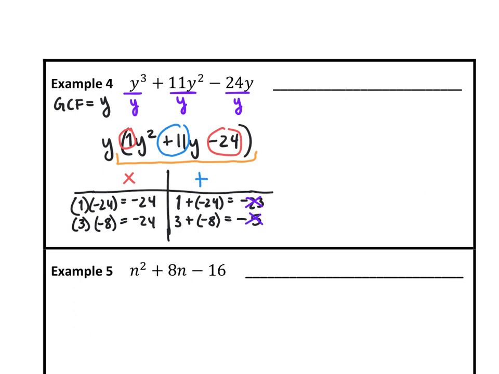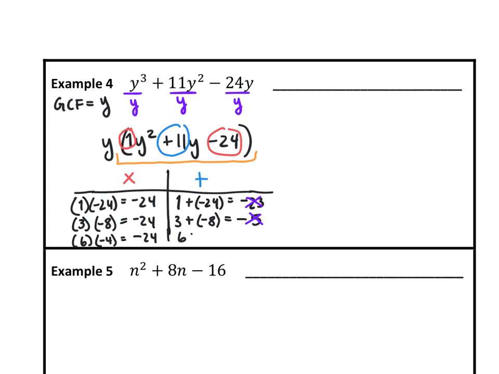Nope. And 2 times 12 doesn't work. Yeah, we checked 2 times 12. What about 6 times 4? 6 times negative 4 is negative 24.